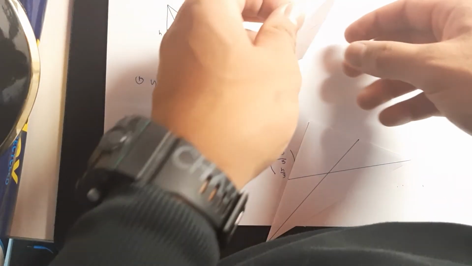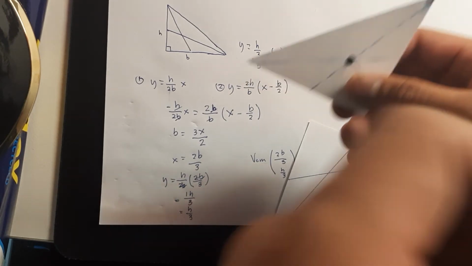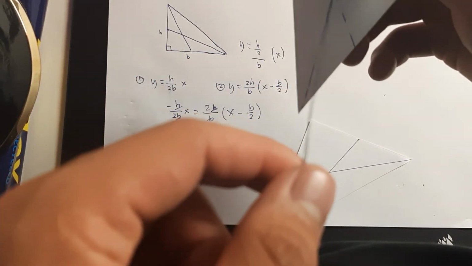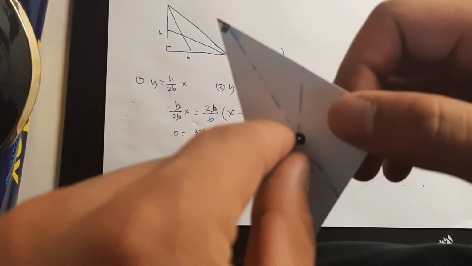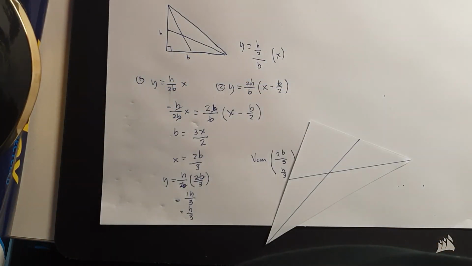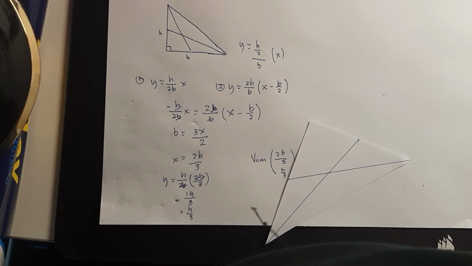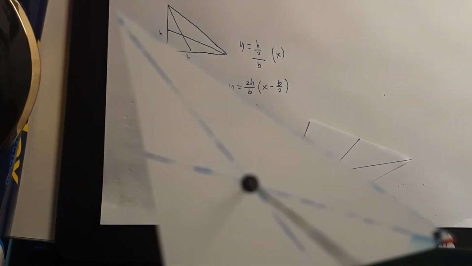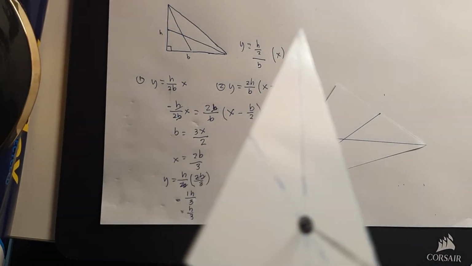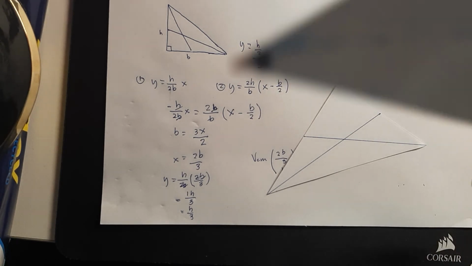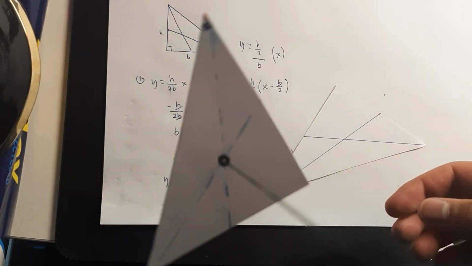So as was discussed, if I put the string through the center of mass of the triangle, it should be floating perpendicularly in the air. So let me just put that through. So it should be floating perpendicularly through the air, with a slight margin of error, but it's almost perpendicular.